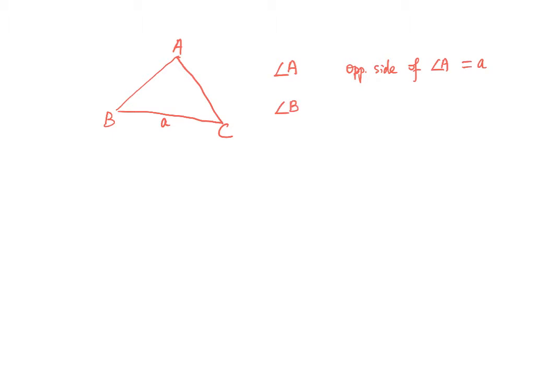For example, when we have a triangle ABC, and the question provides us angle A and the opposite side of angle A, which I call A here, and also angle B and the opposite side of angle B, which is B, then we can apply the sine formula to solve for the unknown.